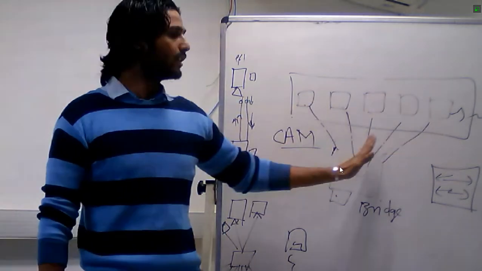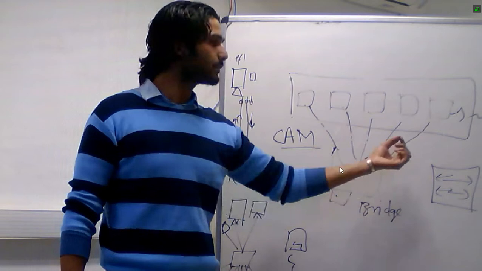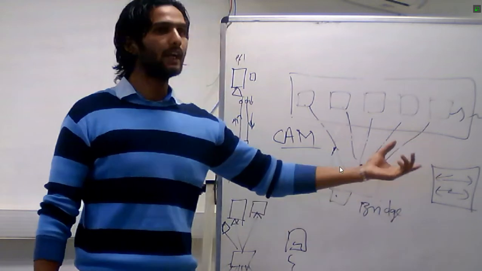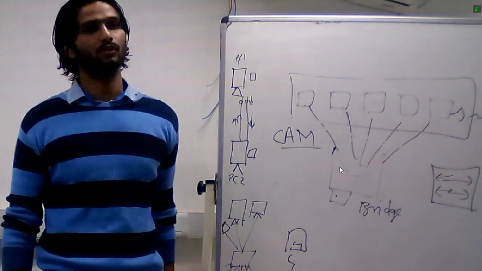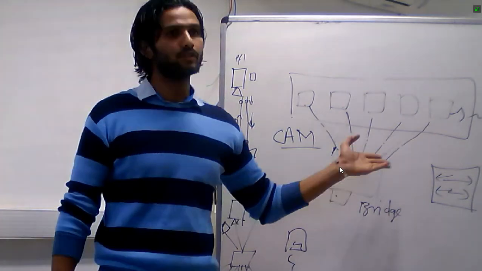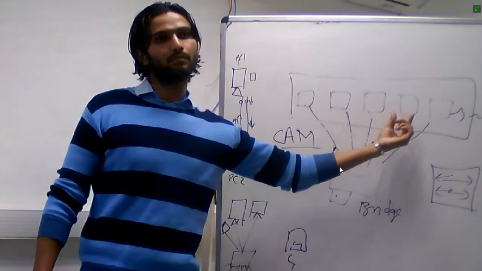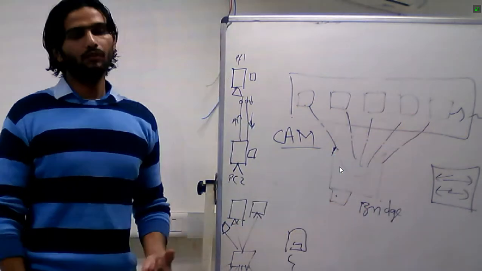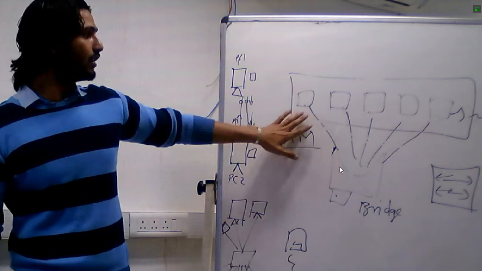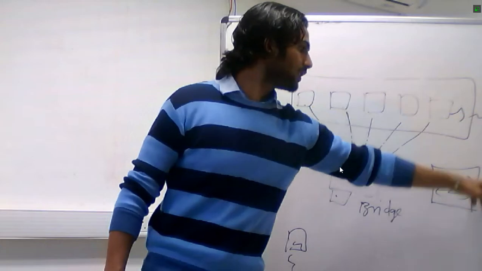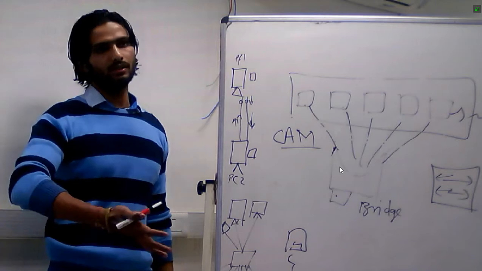So when two or three persons send at the same time, and 2 or 3 packets a PC will receive at the same time, there will be chances of collision. Now what happened? Our switch overcame this problem. Now we have dedicated addresses for all the hosts connected to it. Whatever data is coming, it knows for which host it is. So this is all about the hub, switch and bridge.